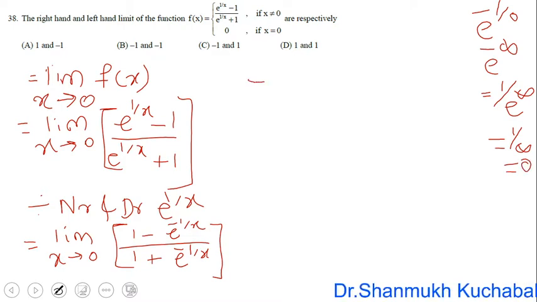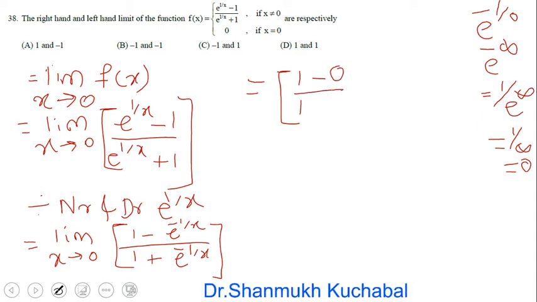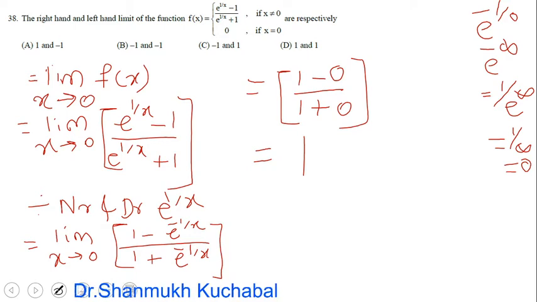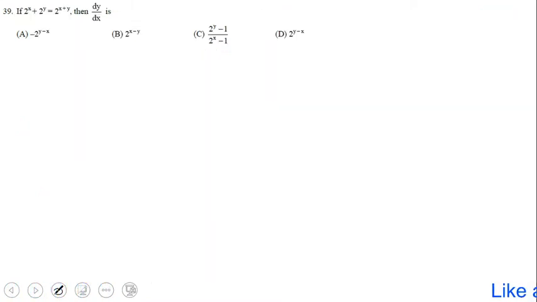So we get 1 minus 0 divided by 1 plus 0, which is 1 by 1, so the answer is 1 here. So the left hand limit is 1 and the right hand limit is 1, therefore option D is the right answer here. We will move to the next example.